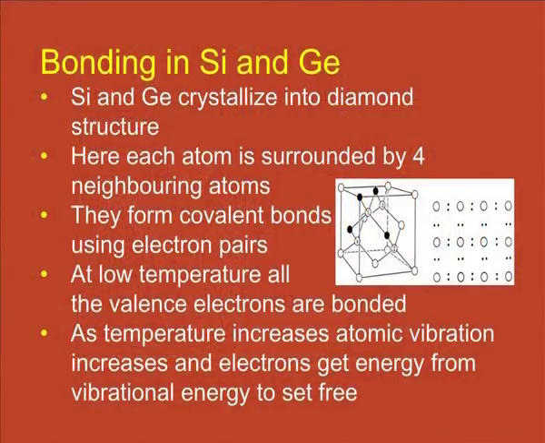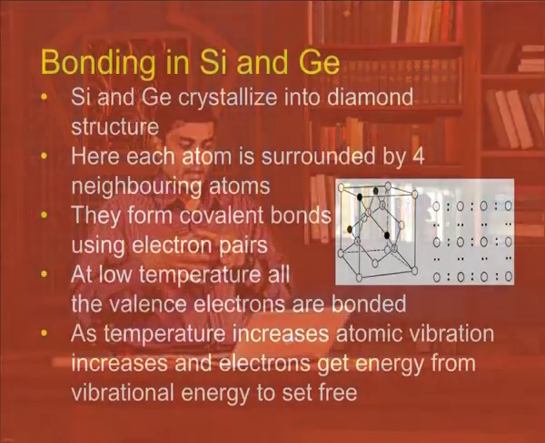Now, if we look at the inner structure of these semiconductor elements, most of them form diamond-like crystal structures. Because we are mostly interested in silicon and germanium, they also show a diamond-like crystal structure.